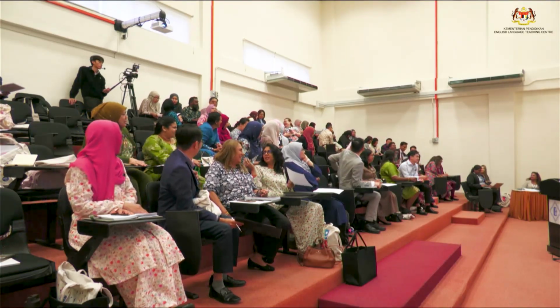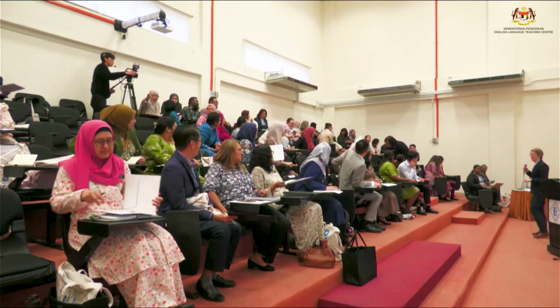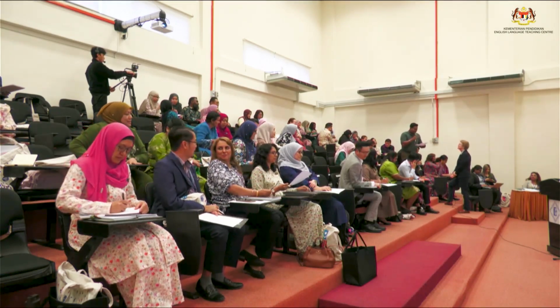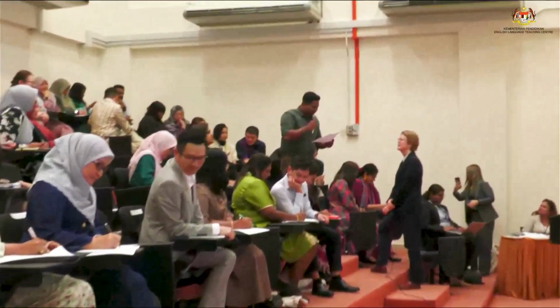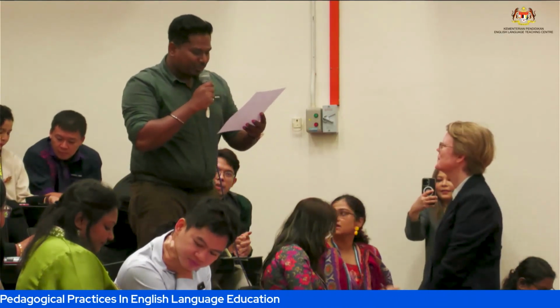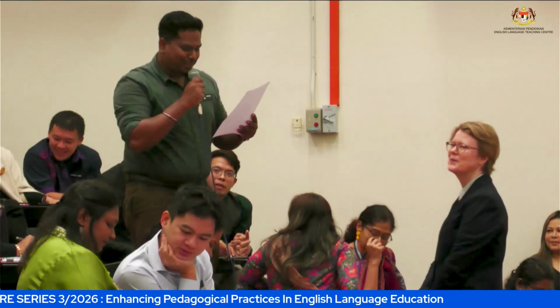Do you want to share your list? Okay, so we got for B is brainstorming, C is collaboration, D is discussion, E exit ticket, F feedback, G group discussion, I is ice breaking, J is jigsaw puzzle, K is Kahoot, M is mind map, O is oral presentation, P is peer evaluation, Q is quizzes, R is reflection, S spelling test, T is thumbs up.